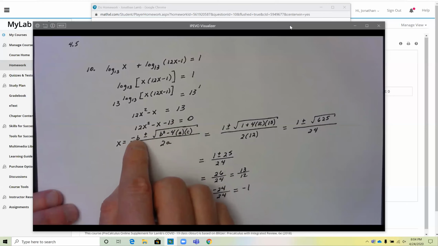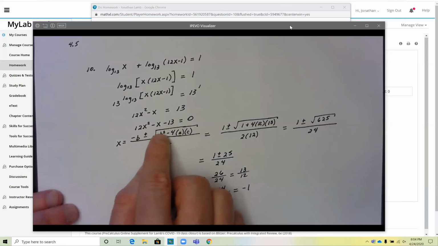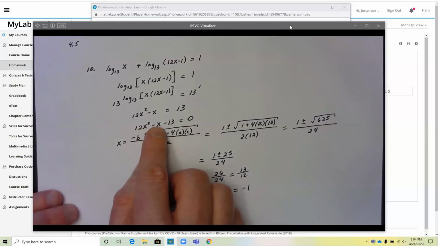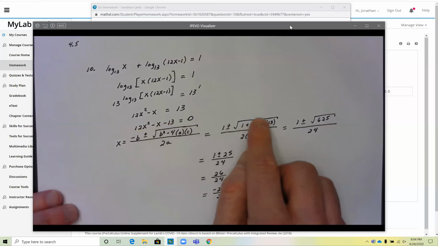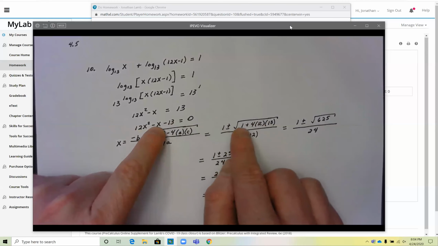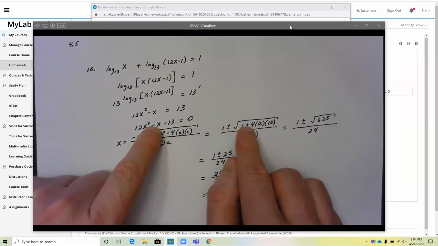So I went ahead and said x equals negative b plus or minus the square root of b squared minus 4ac, all over 2a. Remember, a is the coefficient of x squared, b is the coefficient of x, and c is the constant. So negative b gives me a positive 1, plus or minus the square root of b squared, which is just going to be positive 1, minus 4ac.